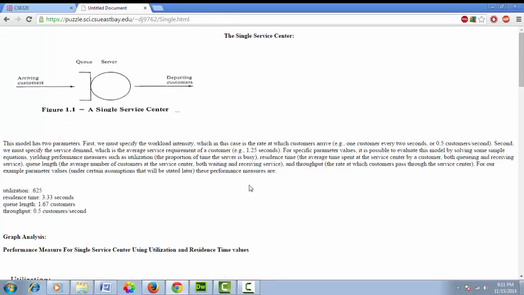The diagrammatic description of a single service center shows arriving customers in a queue, a server which serves the customer, and another arrow for departing customers. Served customers then depart. This model has 2 parameters. One is workload intensity, which is the rate at which customers arrive, and the other is service demand, the average service required for our customers.